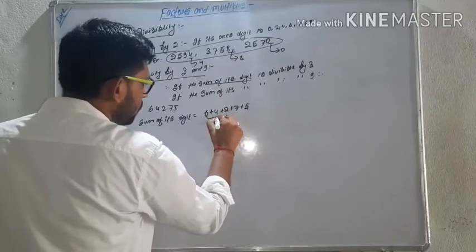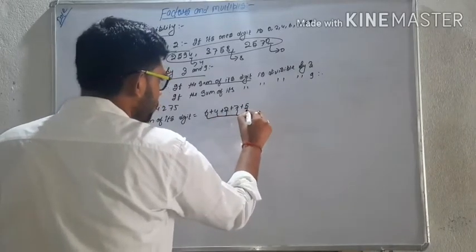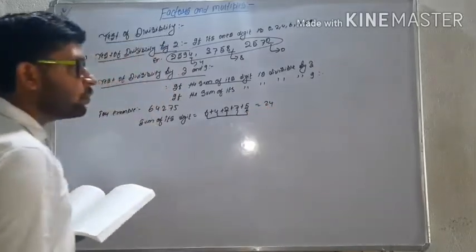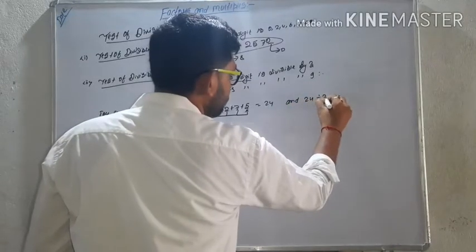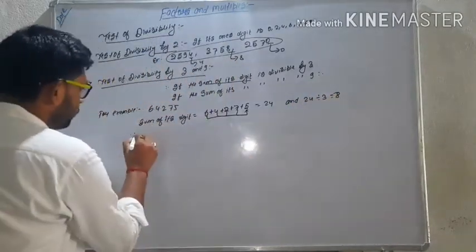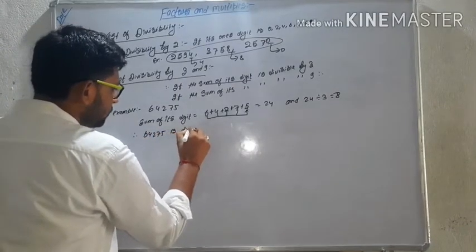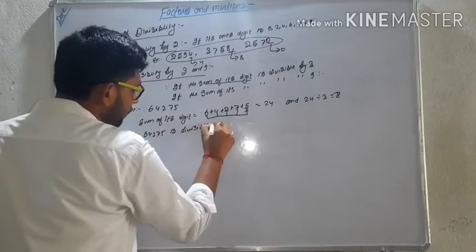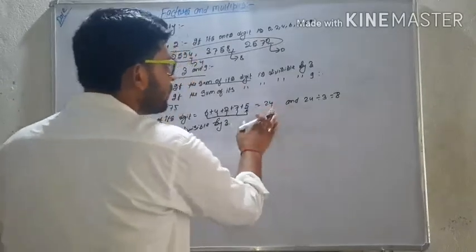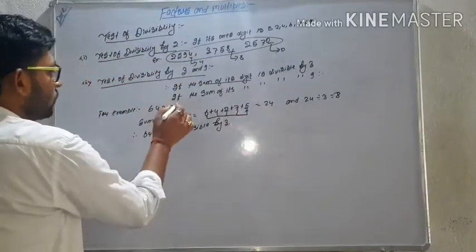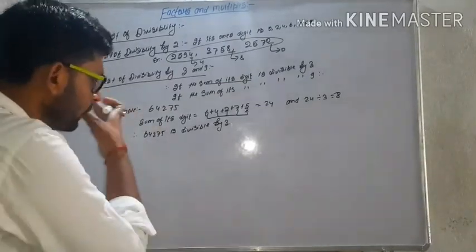Now 4 plus 2 is 6, 6 plus 7 is 13, and 13 plus 5 is 18. Now 24 is divisible by 3, and 24 divided by 3 gives 8. Therefore, 4275 is divisible by 3, and 24 is not divisible by 9. Therefore, this number, 4275, is not divisible by 9.